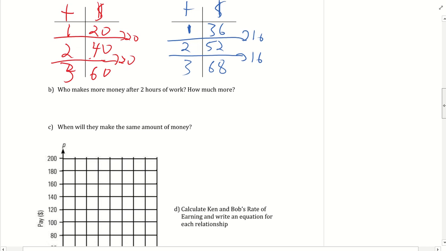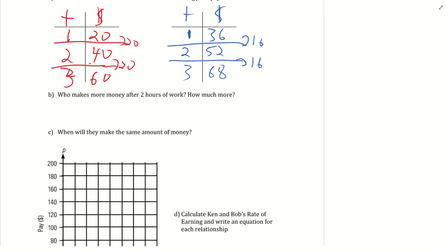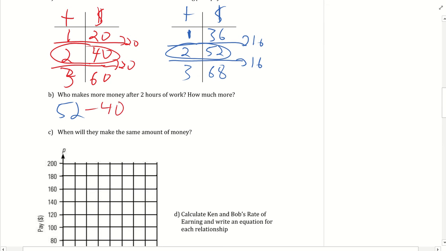All right. So who makes more money after 2 hours of work? If we look at that, you can see that our friend Ken after 2 hours makes 40, and our friend Bob makes 52. So 52, and we're going to subtract 40, that gives you 12. So who makes more after 2 hours?